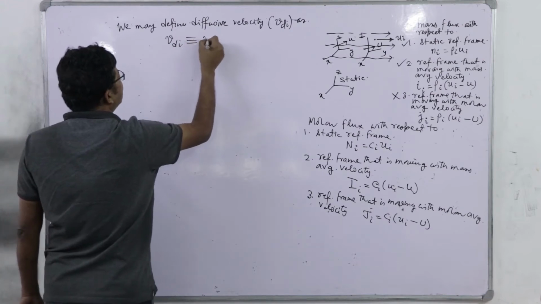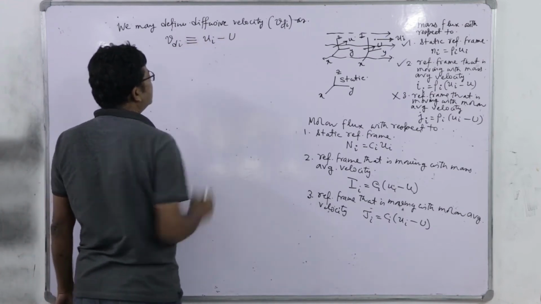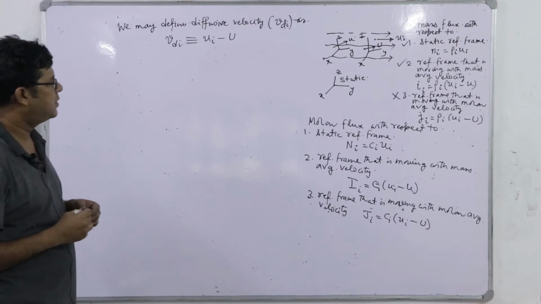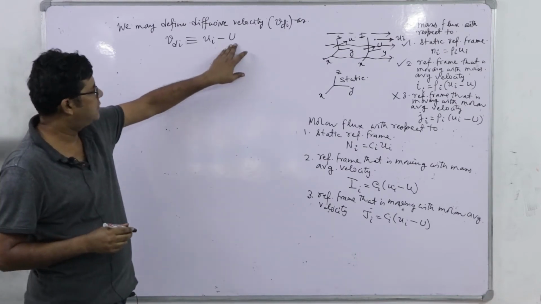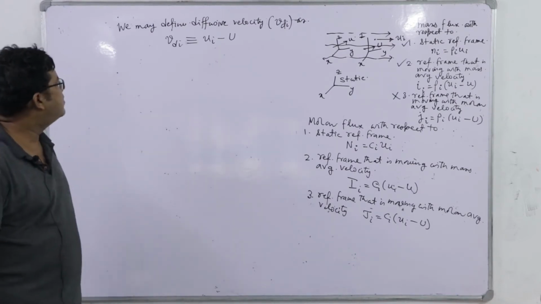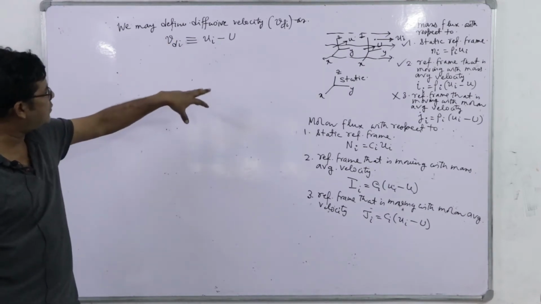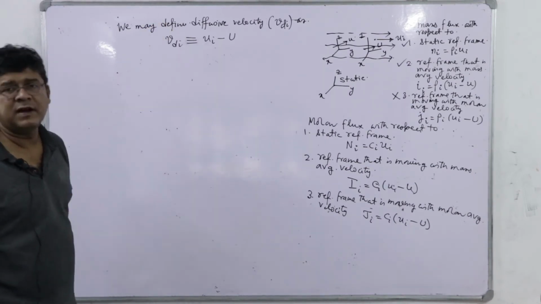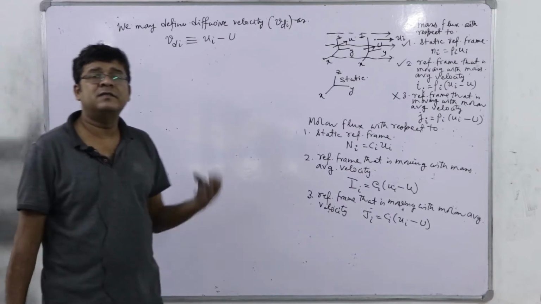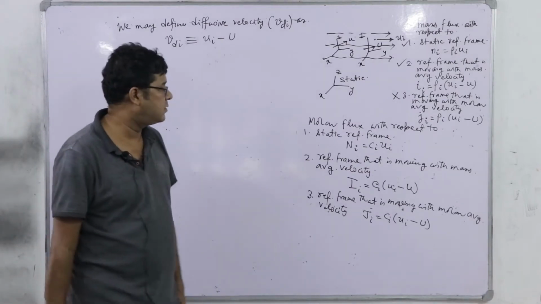It is defined as ui minus capital U, right. So, this is the diffusive velocity with respect to the molar basis, and that is more fundamental because Fick's law is written in terms of molar concentration, right.